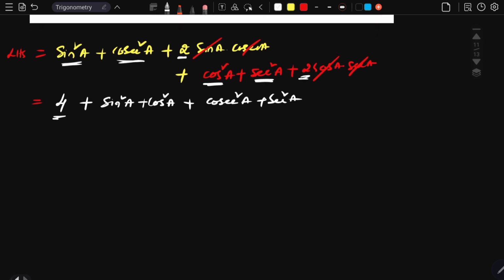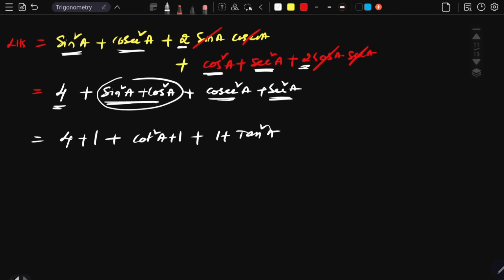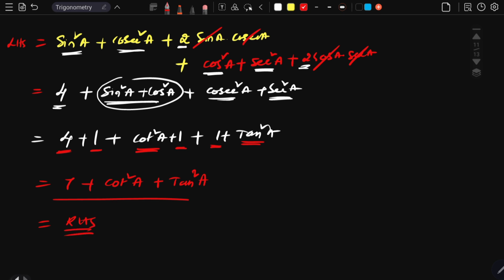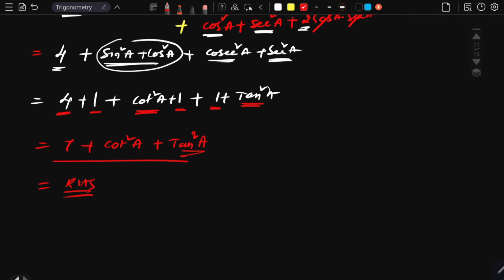Here 4 and this 1 added, and writing cosecant square a as 1 plus cot square a, and secant square a as 1 plus tan square a. By addition all together, 4 plus 1 is 5, 5 plus 1 is 6, 6 plus 1 is 7. So 7 plus cot square a plus tan square a, which is what the RHS requires. Therefore LHS is equal to RHS: 7 plus tan square a plus cot square a.